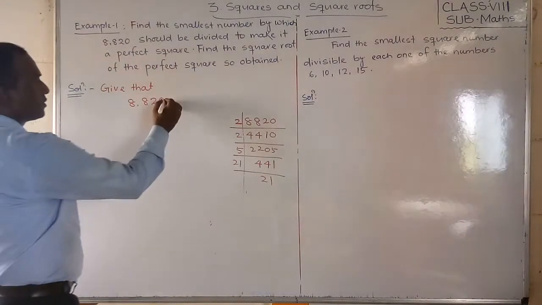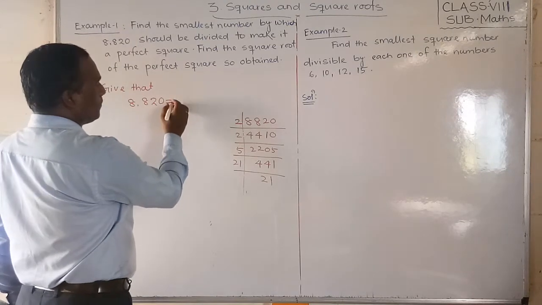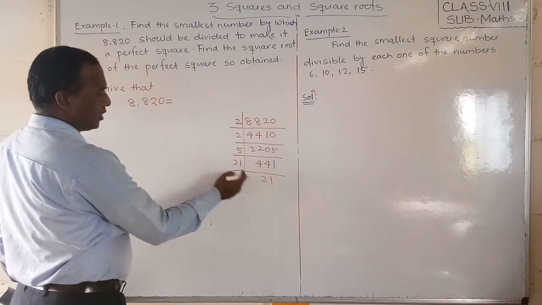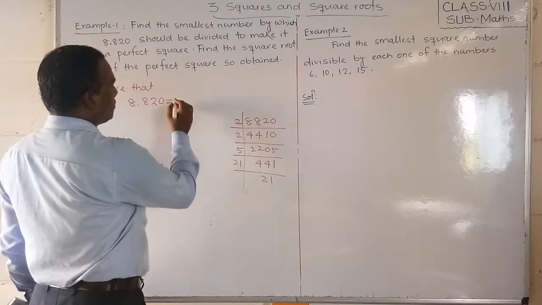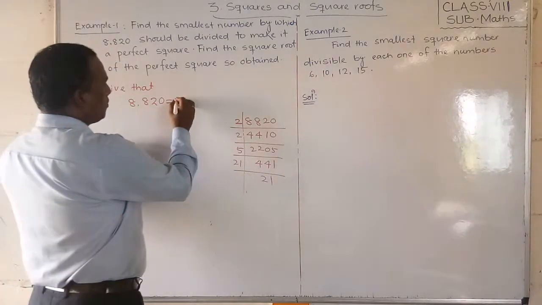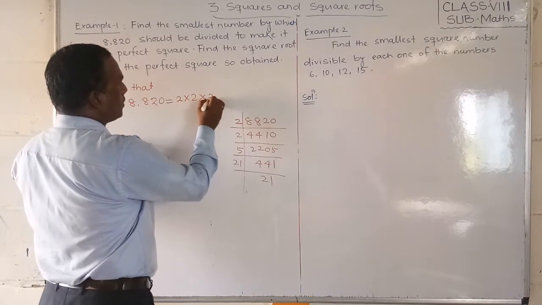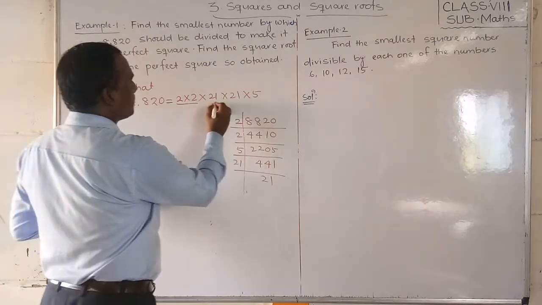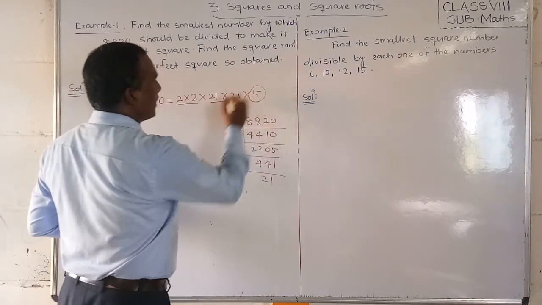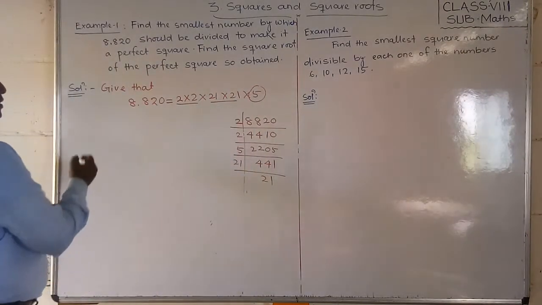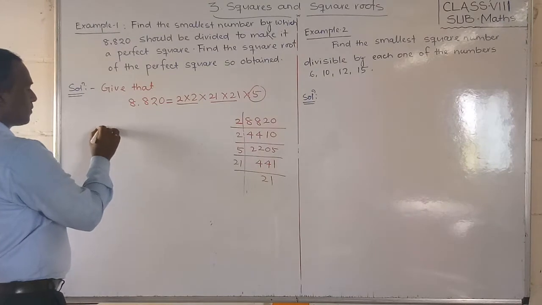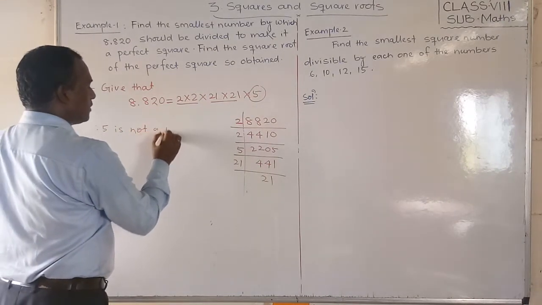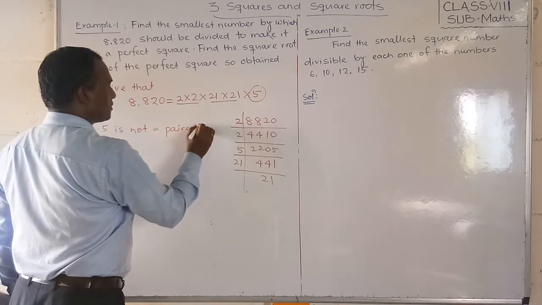Okay friends, you can do it this way, or you can do it in a smaller way, like 3 and 7. So write down: 2 into 2 into 21 into 21 into 5. Now make pairs. Here 5 is unpaired. So observe friends, 5 is not a paired number.